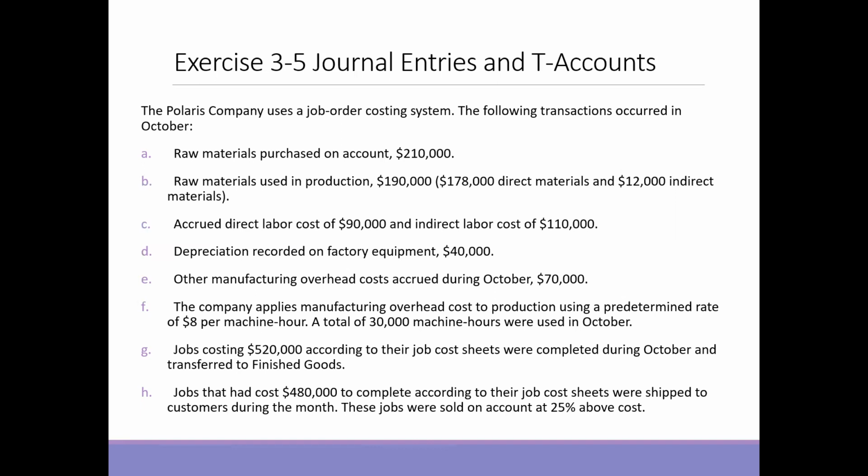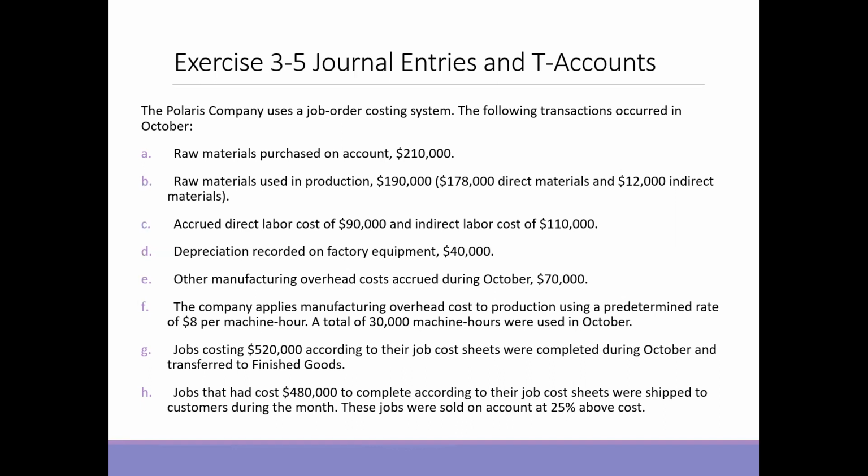The company applies manufacturing overhead costs to production using a predetermined rate of $8 per machine hour. So the total of 30,000 machine hours were actually used. So we will apply that manufacturing overhead to specific jobs.